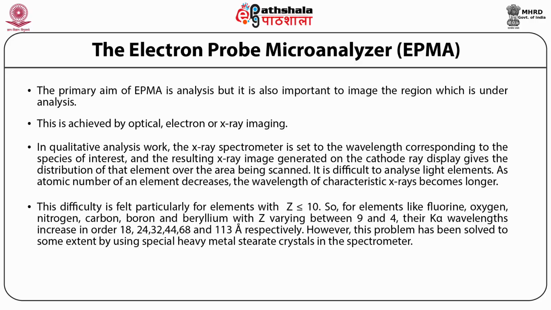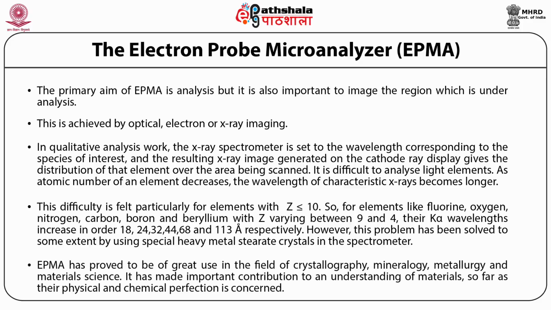So for elements like fluorine, oxygen, nitrogen, carbon, boron, and beryllium, with Z varying between 9 and 4, their K-alpha wavelengths increase in order: 18, 24, 32, 44, 68, and 113 angstroms respectively. However, this problem has been solved to some extent by using special heavy metal stearate crystals in the spectrometer.